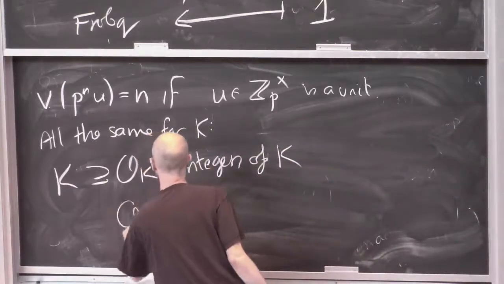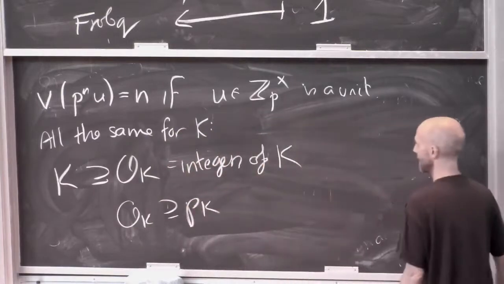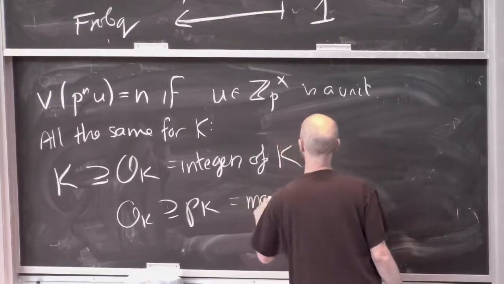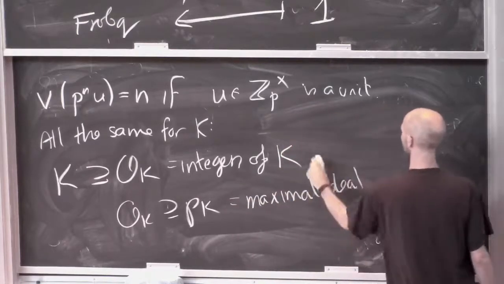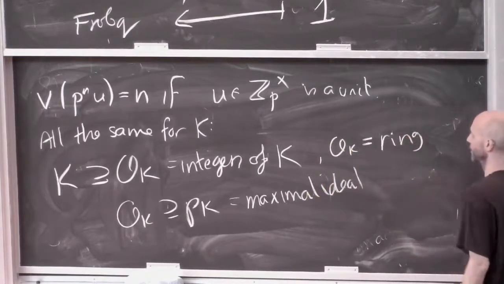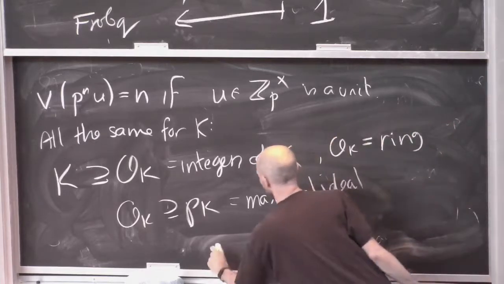And O_K contains p_K, the maximal ideal. O_K is a ring, a local ring. It has a unique maximal ideal. The unique maximal ideal is p_K, and this is principal.